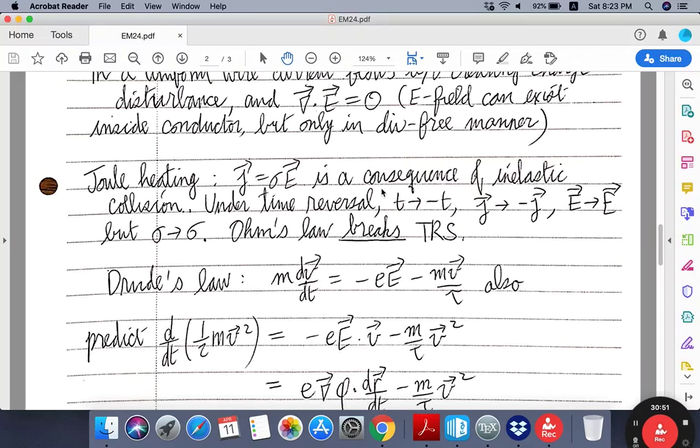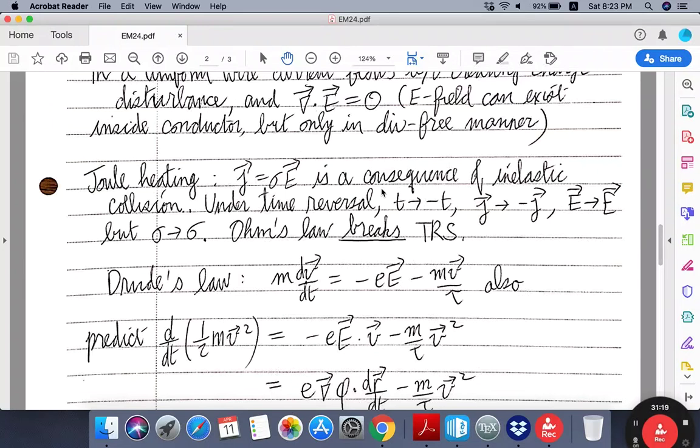Okay, and processes that dissipate energy typically do that. They break the time reversal symmetry. Okay, because if you observe something in the forward direction in time, then the process seems to lose energy.